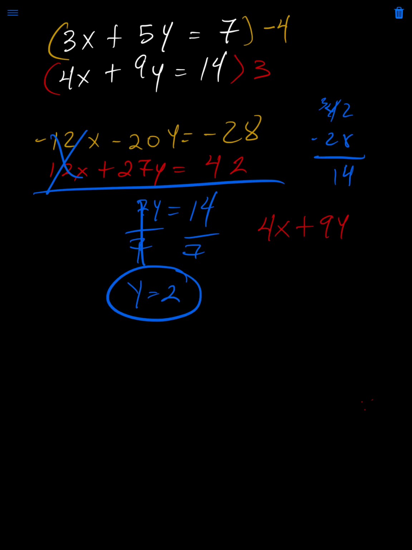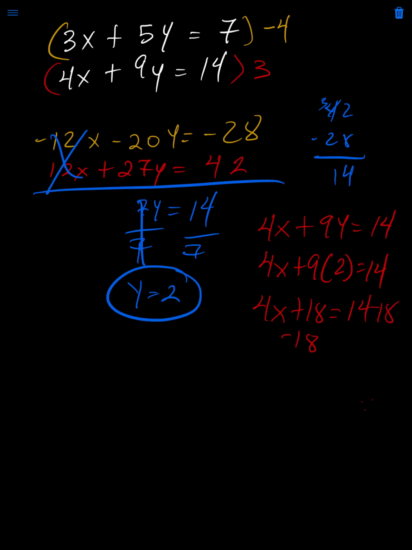So since y equals 2 now, I can go back to my original equation. I'm going to pick the one that said 4x plus 9y equals 14. I got 4x plus 9, and we know y is equal to 2, equals 14. So it's 4x plus 18 equals 14.